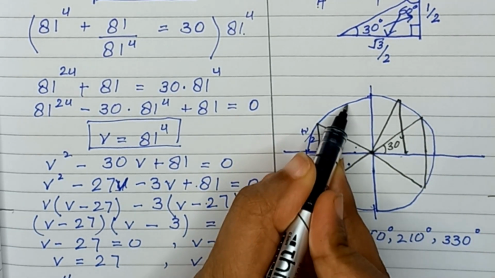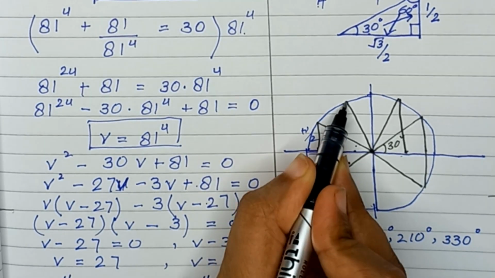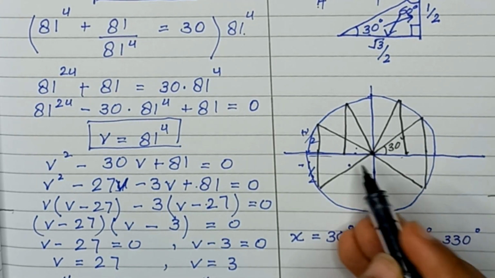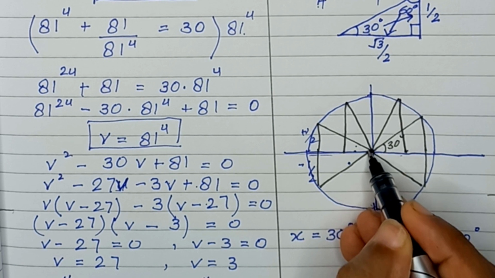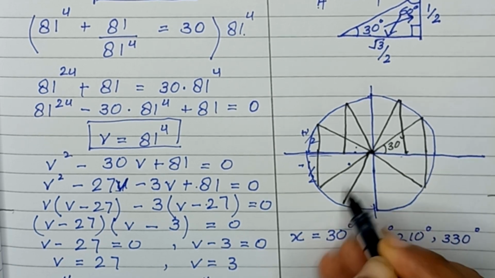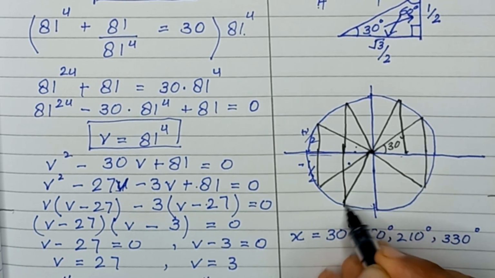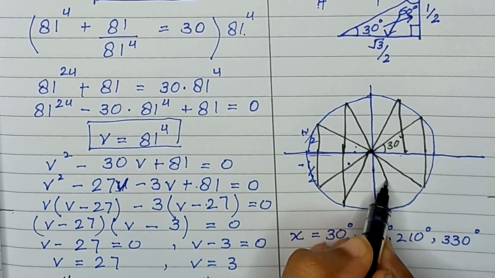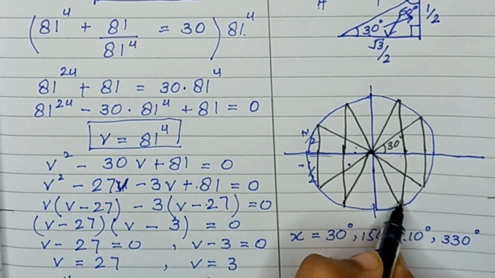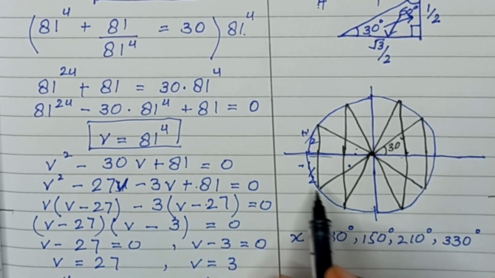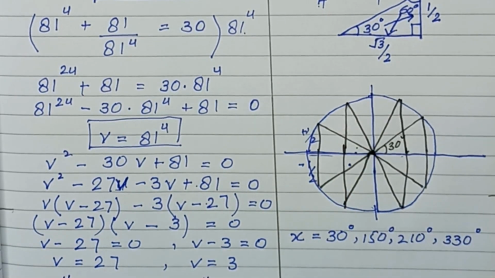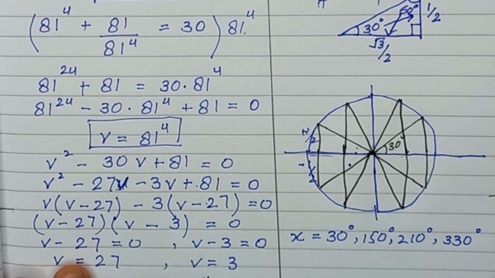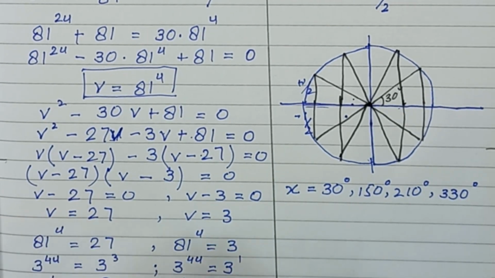Here is also a 60 degree angle and we will make its right angle triangle. Same case here. So this is for square root of 3 divided by 2. So we will find the other angles.